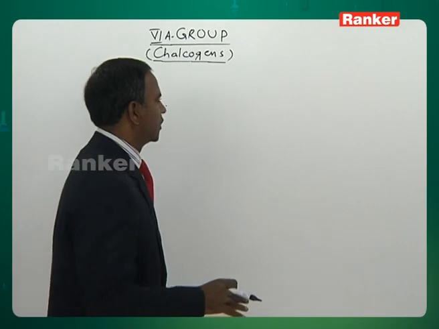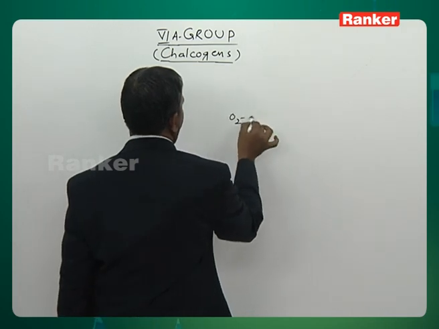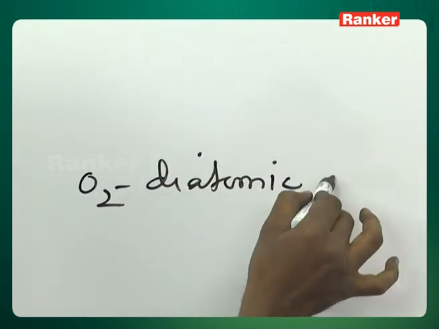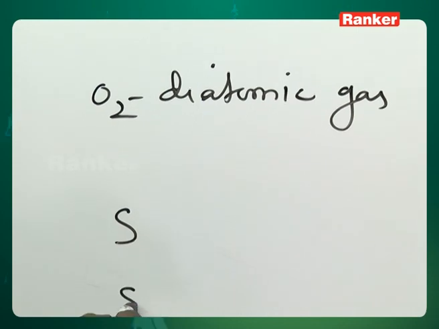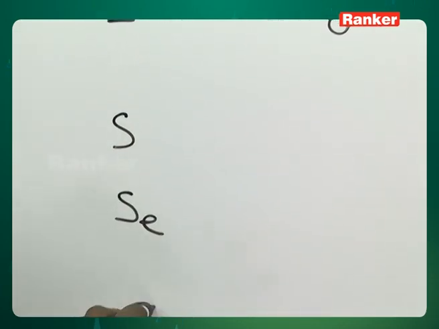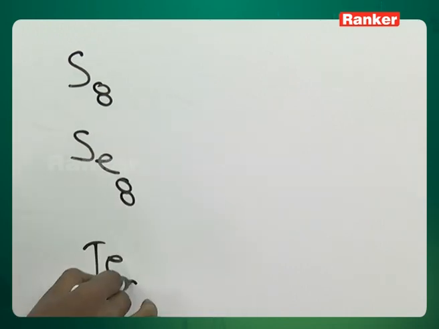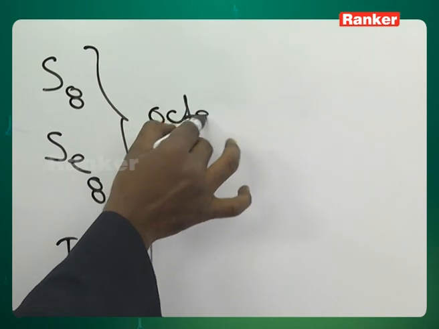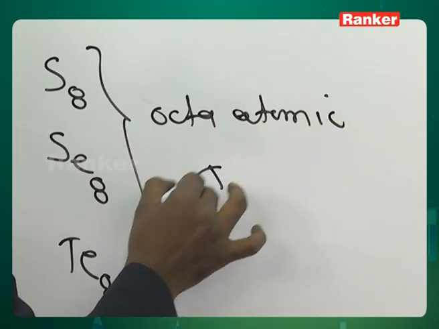See, in this particular group 16, the A group, O2 exists as a diatomic gas. But sulfur, selenium, tellurium are all octaatomic solids.